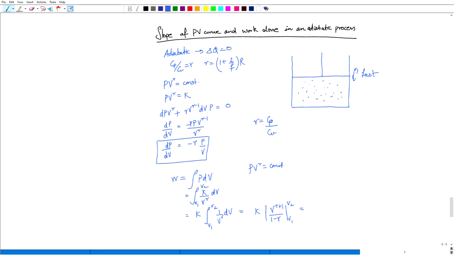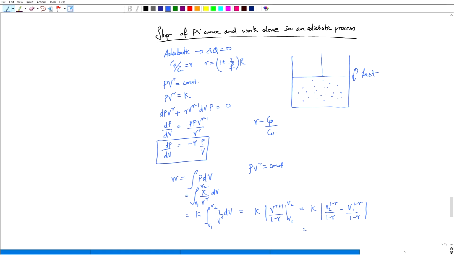So that is K into V2 to the power 1 minus gamma divided by 1 minus gamma, minus V1 to the power 1 minus gamma divided by 1 minus gamma.